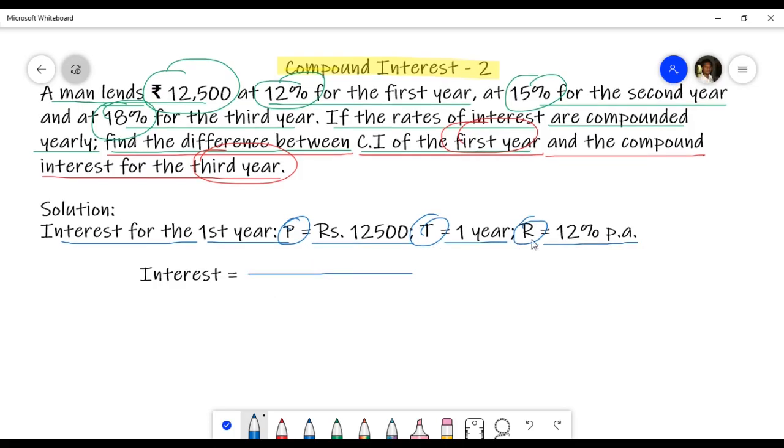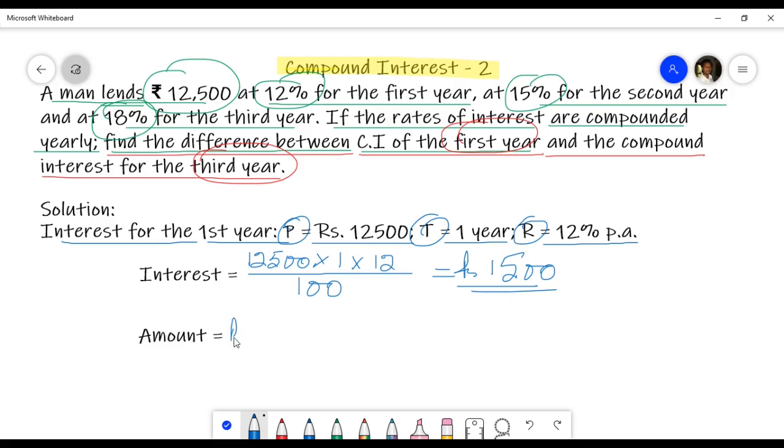Now we'll substitute the values in the formula of interest, that is PTR by 100. After substituting, principal is 12,500, time 1 year and rate is 12%. After evaluating, we will get the answer as rupees 1500. So 1500 is the interest for the first year.